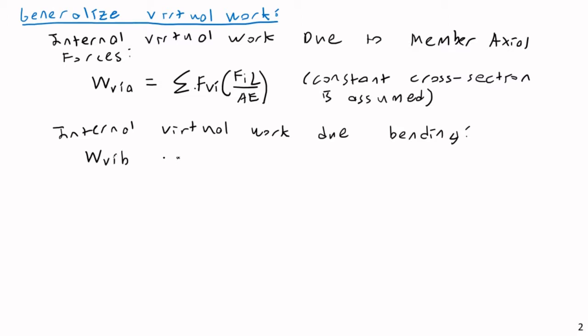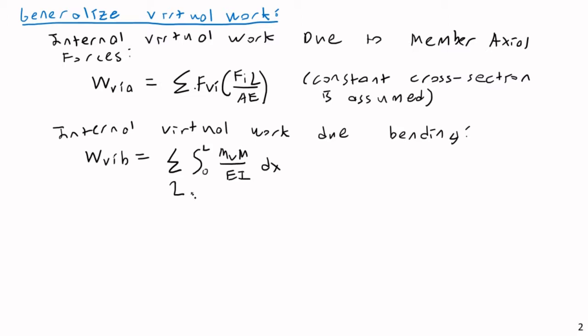This is the internal virtual work due to bending, and it's going to be just like the previous one for beams, except now I'm going to add a sigma to the integral. So previously you had the same integral, but now I'm going to have a sigma here, and it's going to be MVM divided by EI dx.